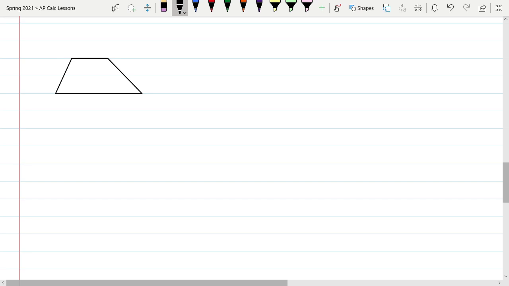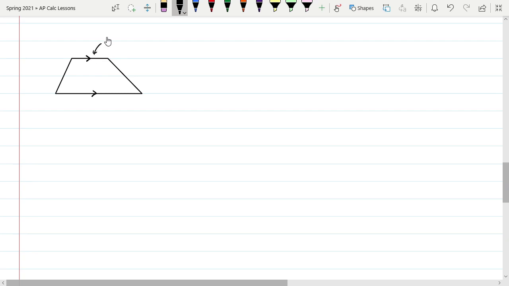So, as a reminder, or maybe for the first time, a trapezoid is a quadrilateral, so it has four sides, where exactly two sides are parallel. Or in other words, it has one pair of parallel sides. Okay, and those parallel sides are both called the bases.